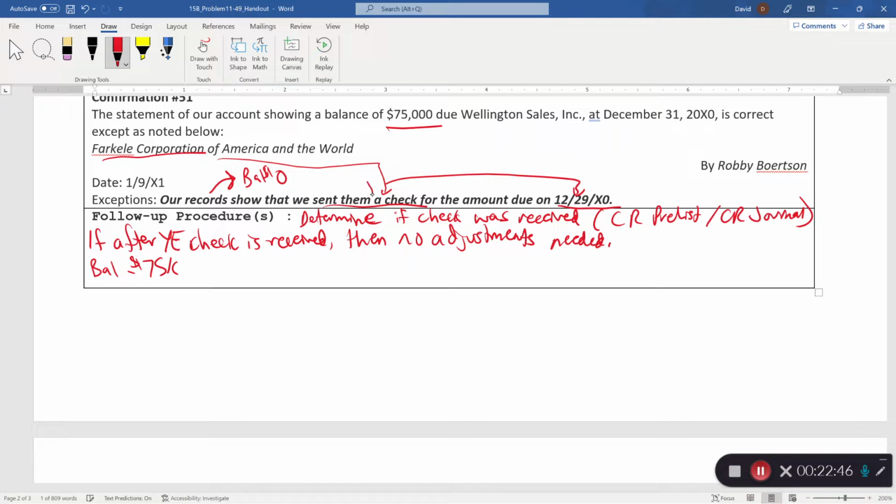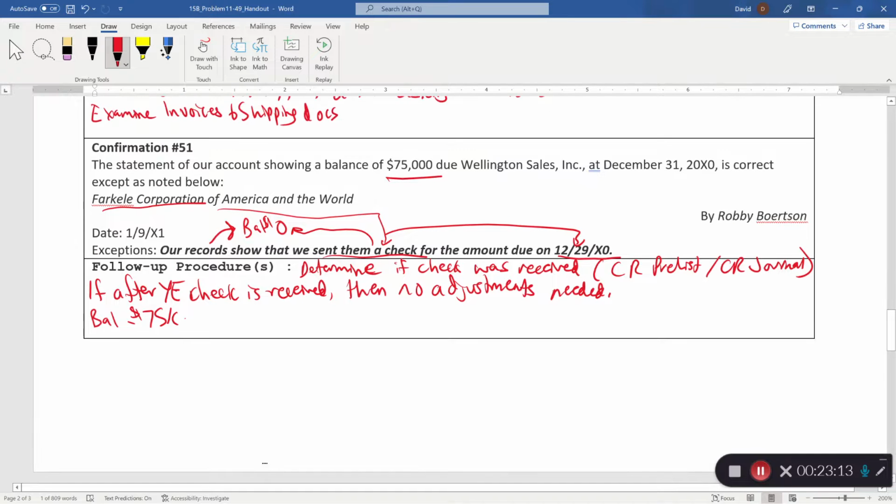They can record that as soon as they send the check, but our client cannot record a receipt until it is received, and therefore they might have a balance at year end, but then obviously it would clear up shortly after year end, assuming that check was received. Okay, does it make sense? Hopefully. I'm asking a question, no one can respond.